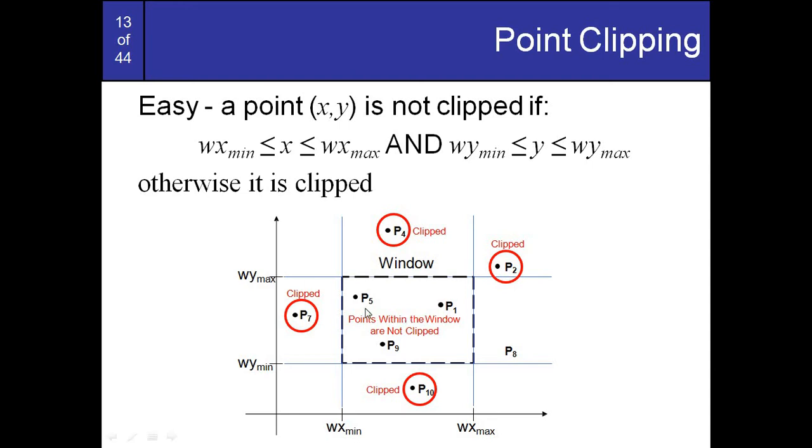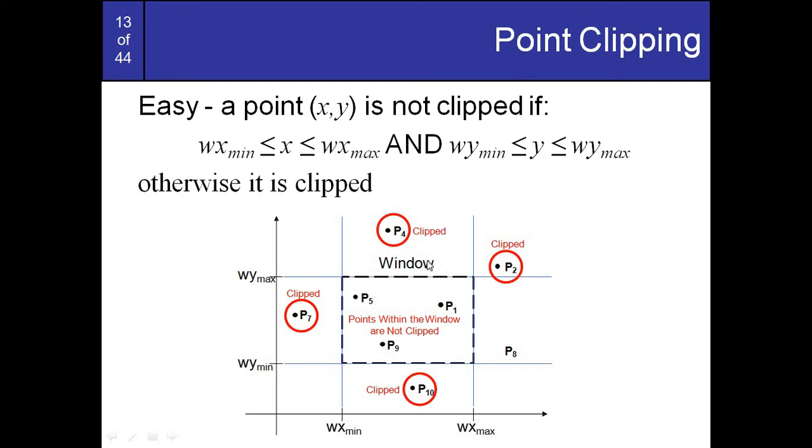So these points will not be clipped, and these points, that is P2, P4, P7 and P10, are outside the window. They do not satisfy the above conditions, so P4, P2, P10 and P7 will be clipped. This is the simple procedure for point clipping.